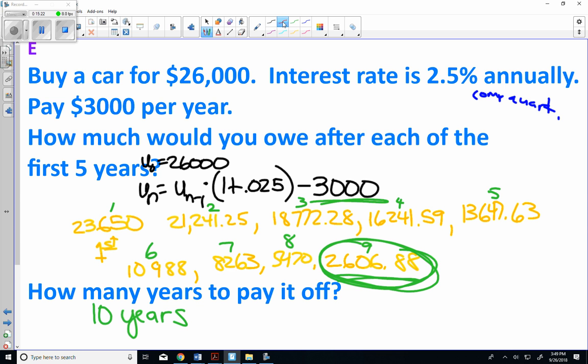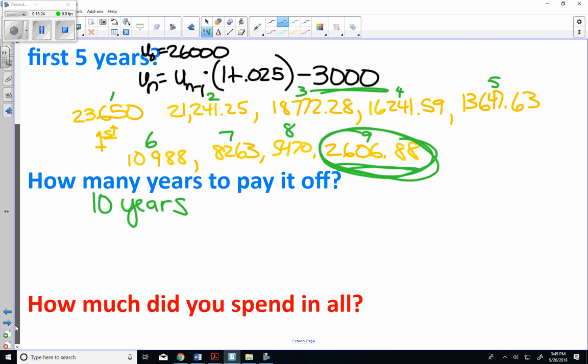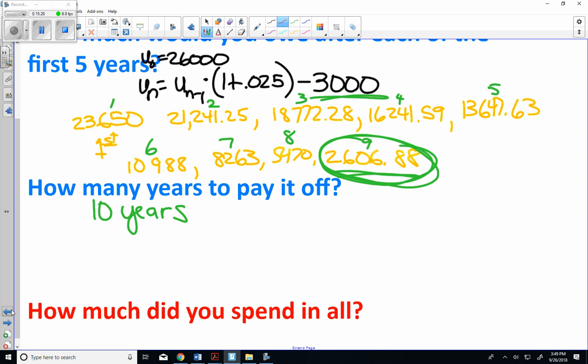Then how much did you spend in all? Well, we spent $3,000 9 times. And then in the last year, we also have to pay $2,606.88.